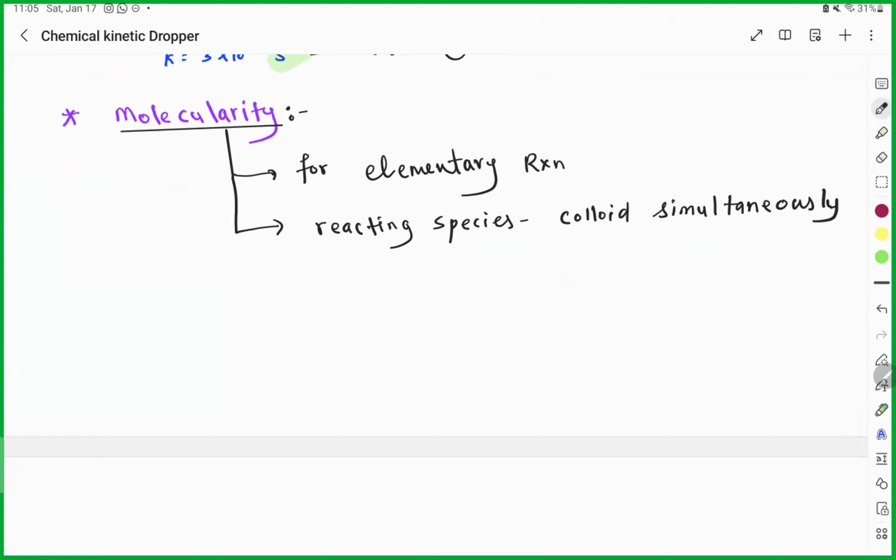Okay. Example, molecularity can be different. It could be one, two, three. Molecularity having the value three is very rare and a very slow process. So usually it is one or two, not more than three.